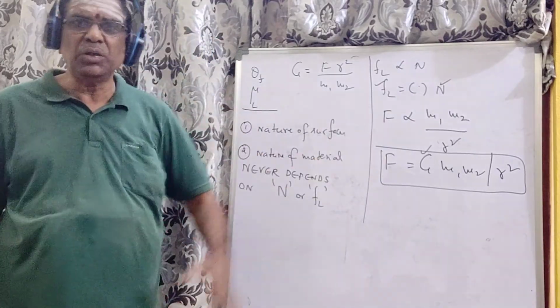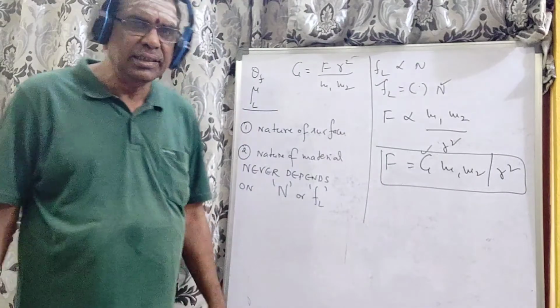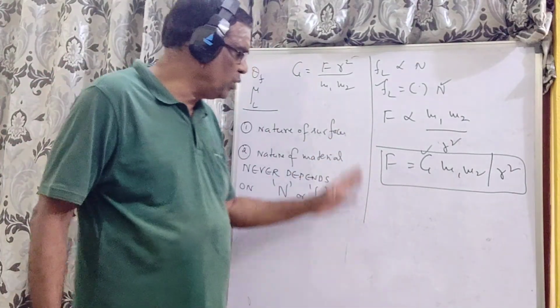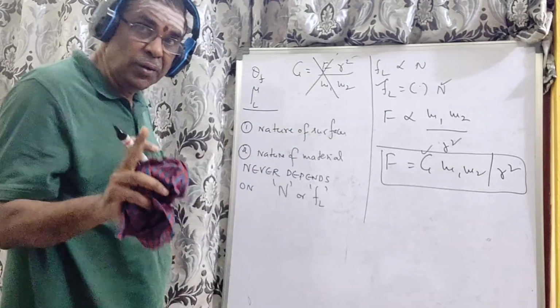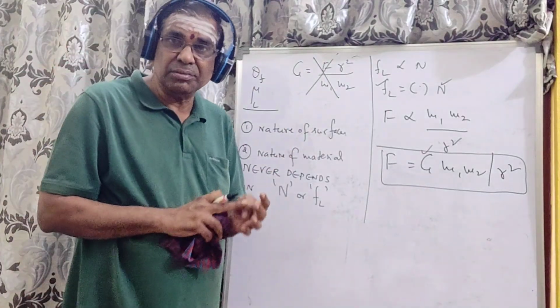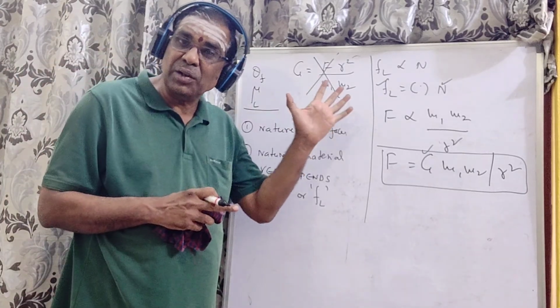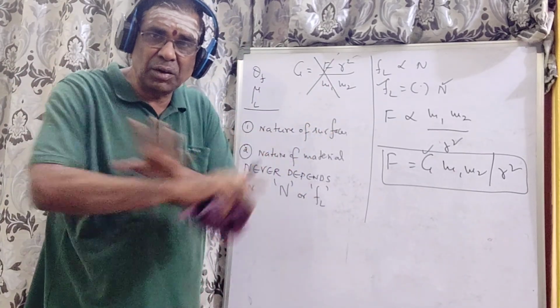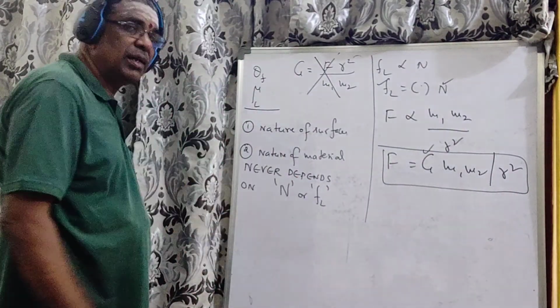Therefore, you are able to talk in that sense. But if you look at it in reality, that is not the case. So, we will never ever write in this fashion. Although dimensionally, mathematically, technically, this is not wrong, in physics, it is not accepted.